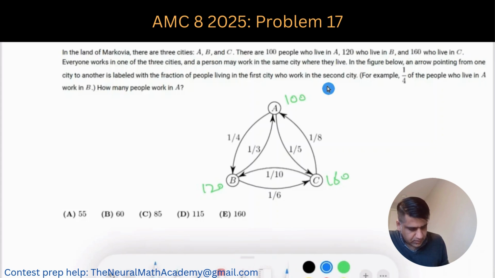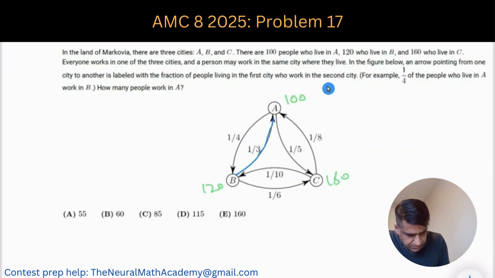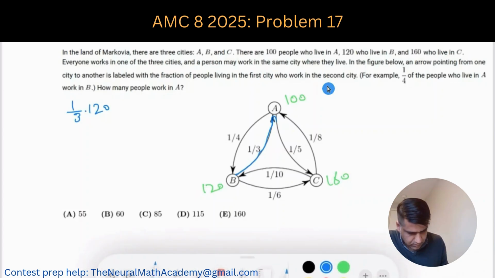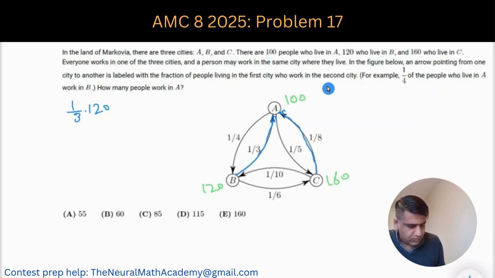So first we find the people who are living in B and working in A. And then let's find the number of people who live in C and work there. So we have 40 people here, and then we have 20 people here.